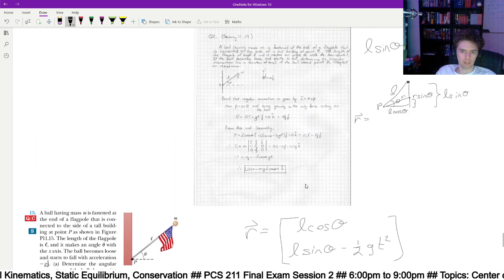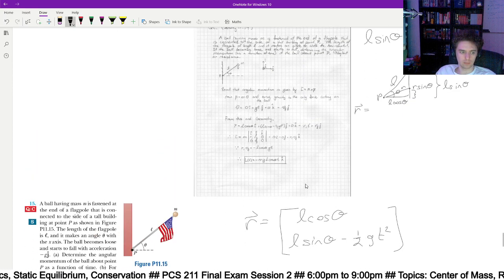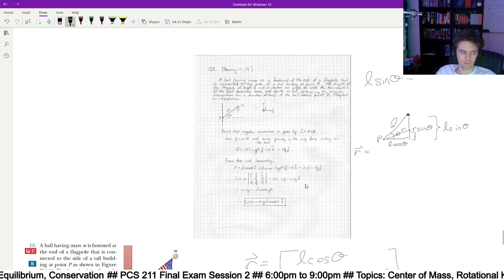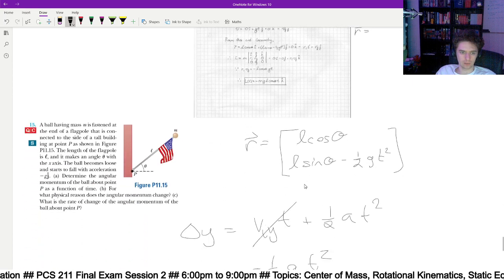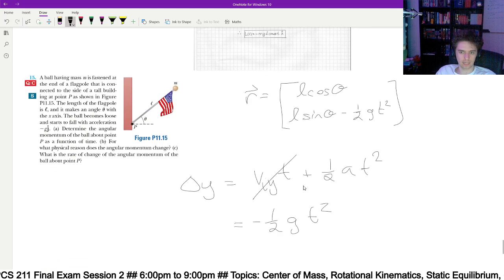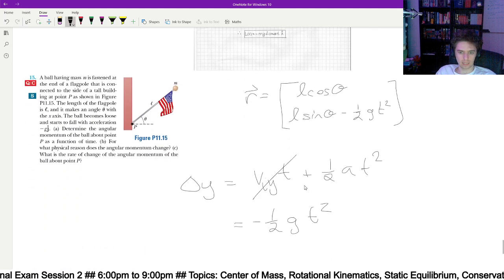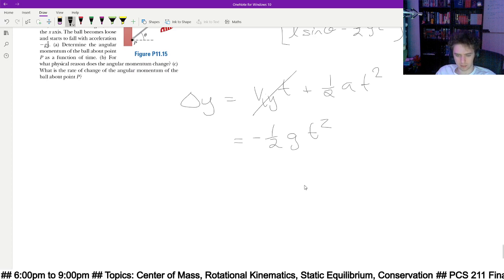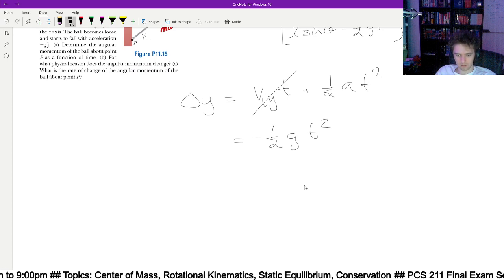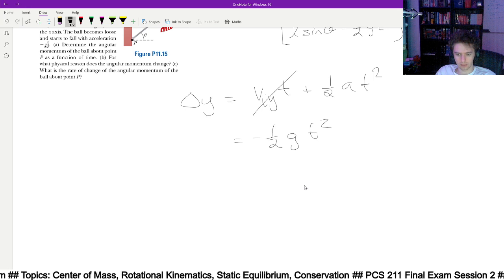Now our momentum vector is the mass times the velocity. The only velocity it has, I can just find VF.